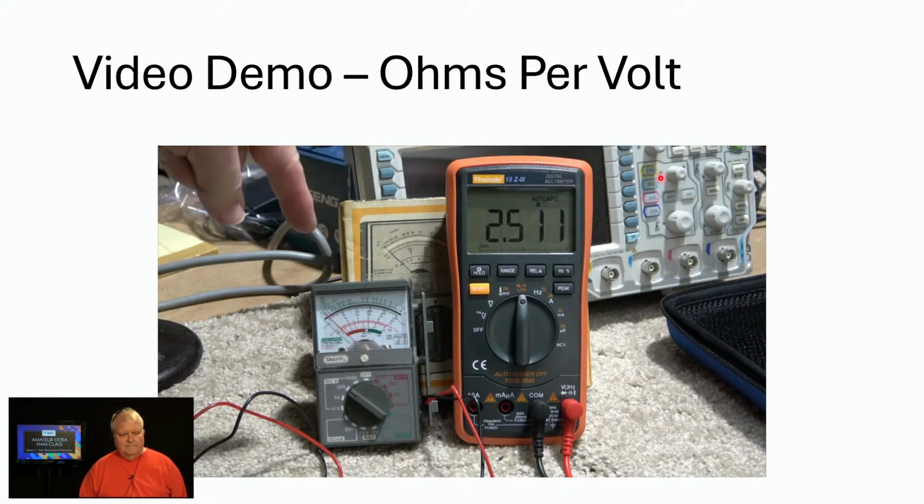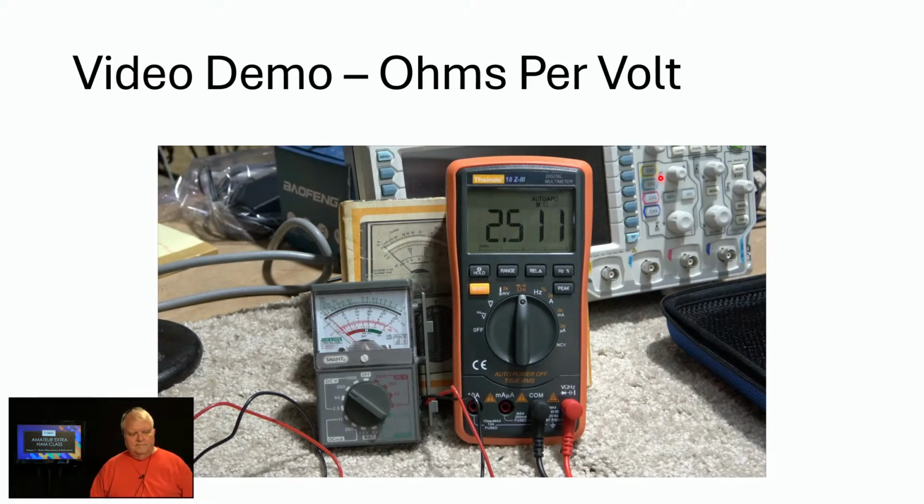So this is a meter with 10,000 ohms per volt. A lot of meters that were sold with 20,000 ohms per volt or 30,000 ohms per volt would load the circuit less. But the best is a vacuum tube voltmeter or modern digital voltmeters, which have a 1 megohm or greater input impedance that does not load the circuit down.